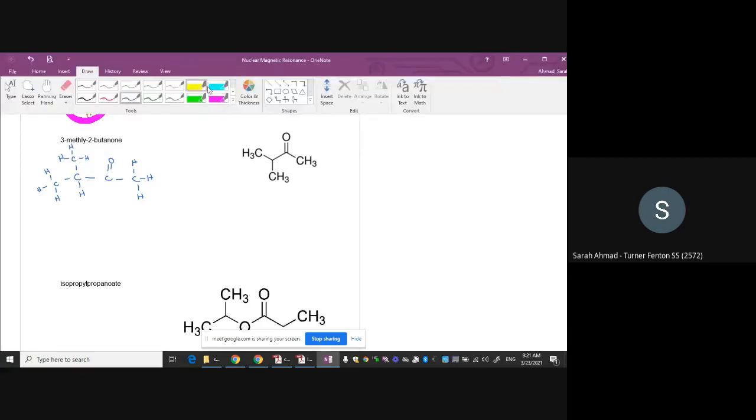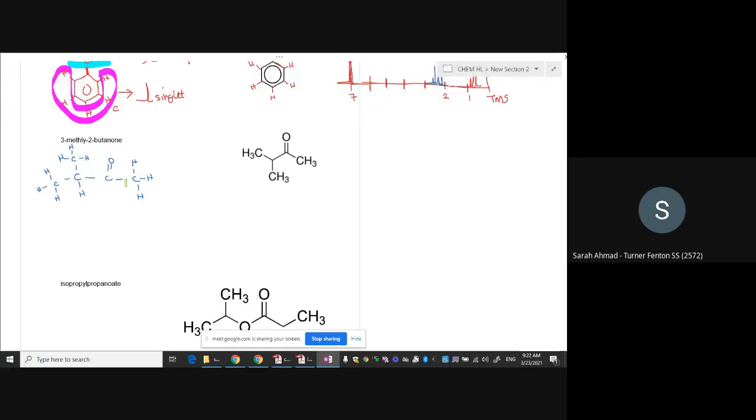So let's take a look at this. These methyls here are next to a carbonyl, right? And the hydrogens on these are different from the hydrogen that's next to the carbon that's directly attached to the hydrogen here. The reason this is different is because it's attached to two methyl groups which have electron donating abilities. And so its environment is different. So this is one.